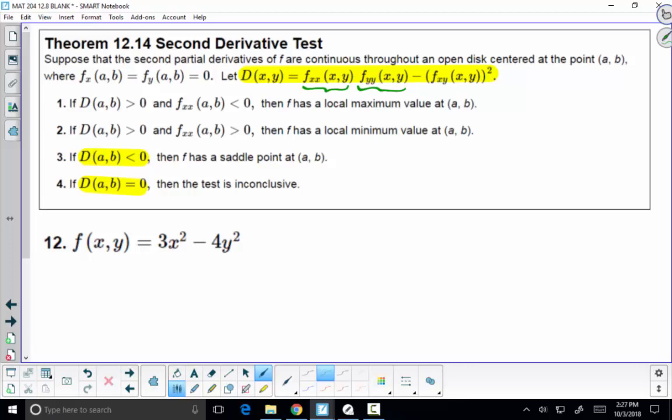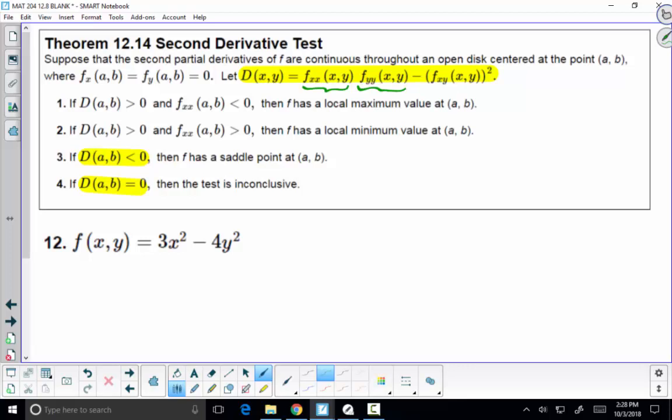So if one is positive and one is negative, that will definitely create a negative over here. Do you agree? Because that's negative already, but for D to stay negative, if both of those are opposite in sign, then the whole thing is definitely negative.